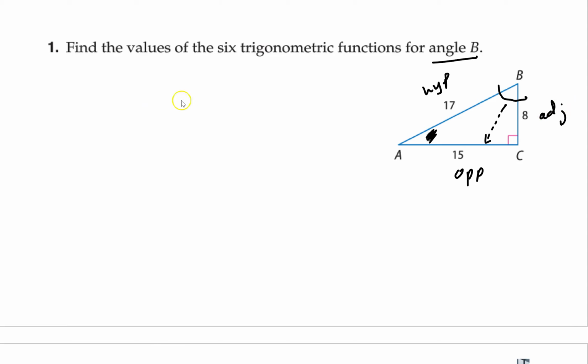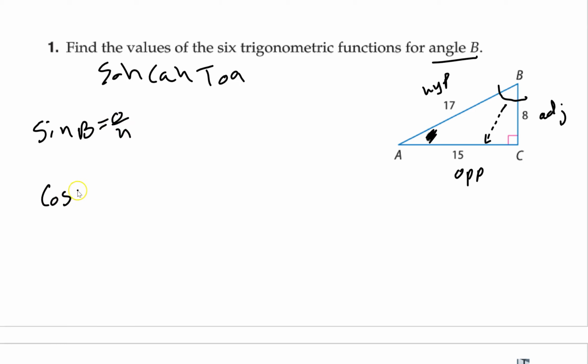Now I'm going to do the first 3 trig functions first. So I'm going to go SOHCAHTOA. As long as you know how to spell this, you're good. Sine of B is opposite over hypotenuse. Cosine of B is adjacent over hypotenuse.